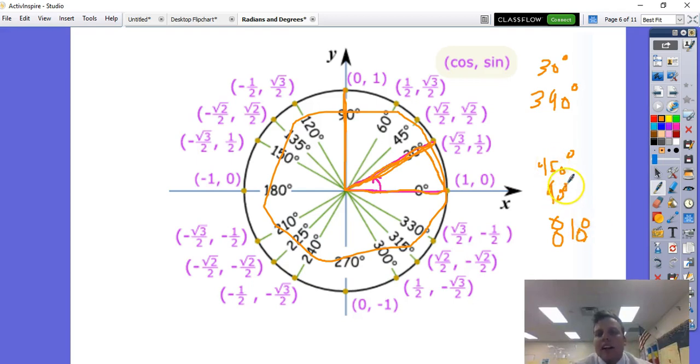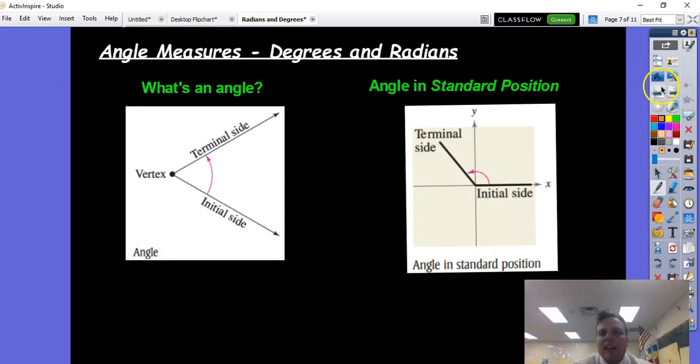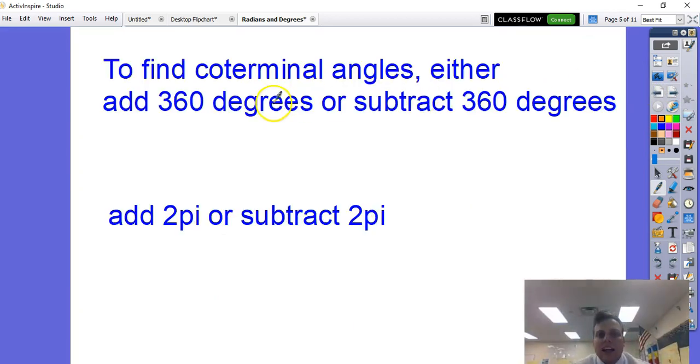What if I wanted to find another one? You could go to 90 degrees and subtract 360, so you could say negative 270 degrees is coterminal. To find coterminal angles, you're just adding and subtracting either 360 or 2 pi.